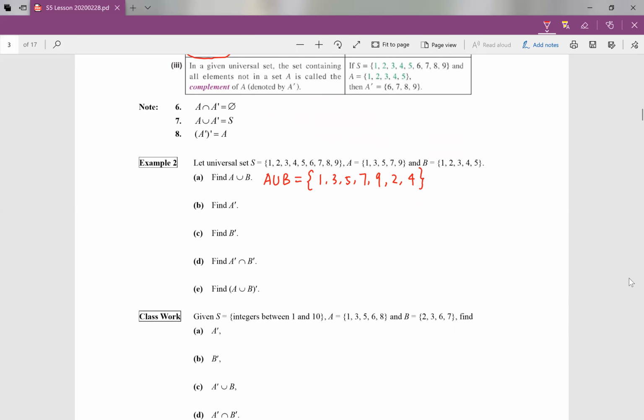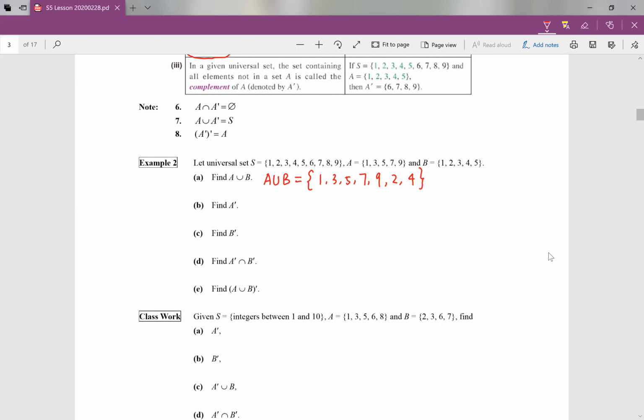So this is A union B. It doesn't matter in what order you put the elements. So that could be your final answer. But of course, it's nicer if you can put them in a certain order. It's just easier to look at. But this is not wrong.